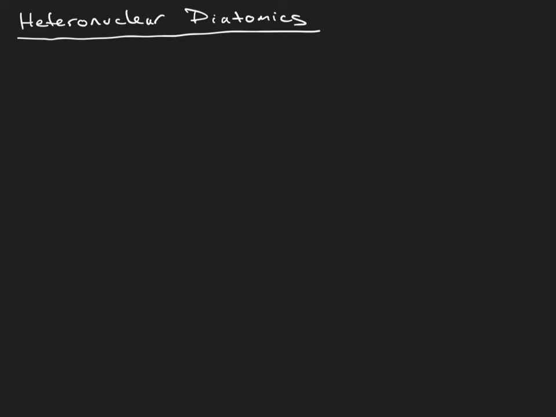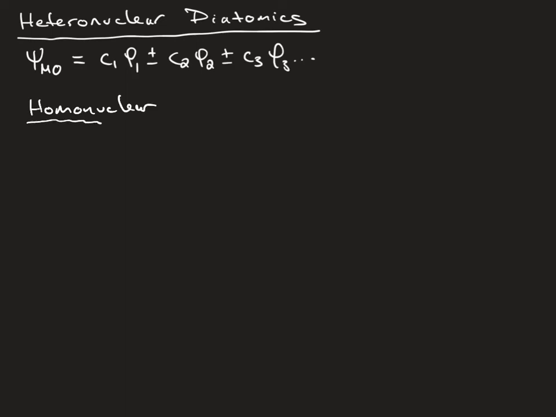We're going to end this video by talking about heteronuclear diatomics. So recall that we can make a molecular orbital as a linear combination of atomic orbitals that have been weighted with various coefficients in front of them. For a homonuclear diatomic, we are making molecular orbital diagrams primarily from combinations of two atomic orbitals.